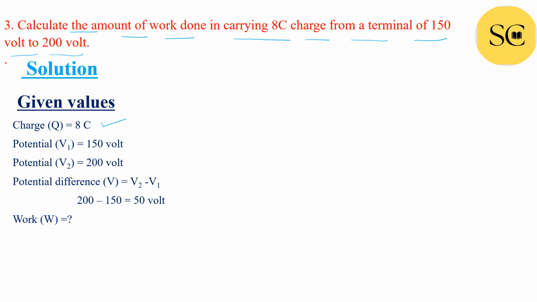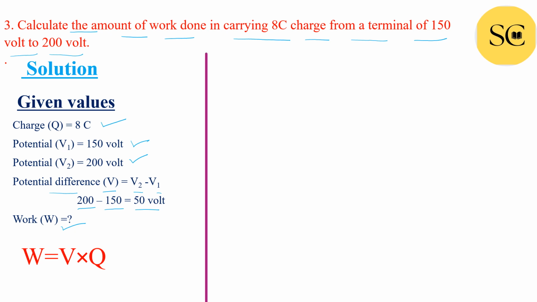Charge 8 coulomb, potential V1 150 volt, potential V2 200 volt. Now find the potential difference V is equal to V2 minus V1. So 200 minus 150 is 50 volt, and we will have to find work done. The formula is W is equal to V into Q.